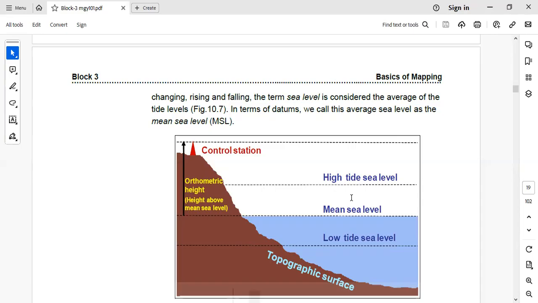So mean sea level is an average surface between the high tide and the low tide. This is the level from which we can measure the height of any object, for example a mountain or a hill.